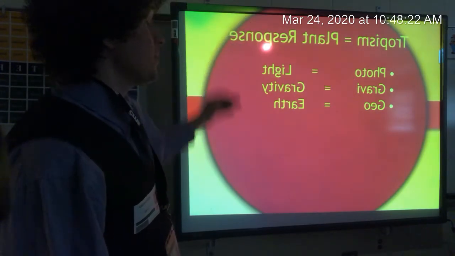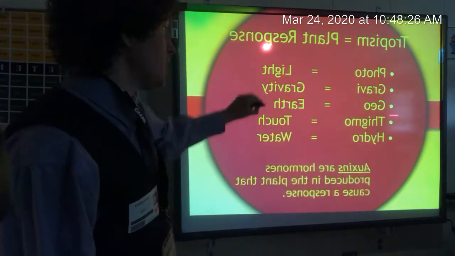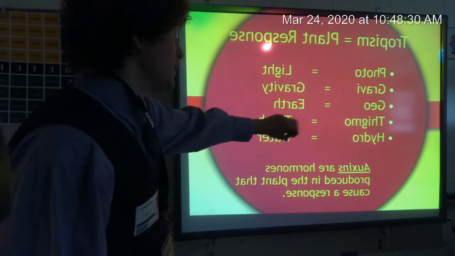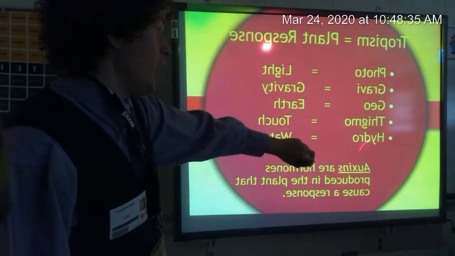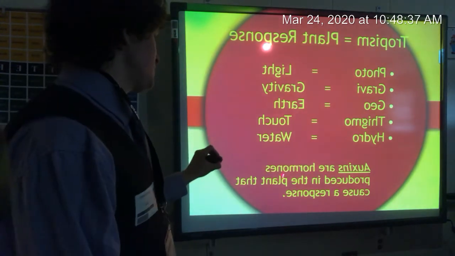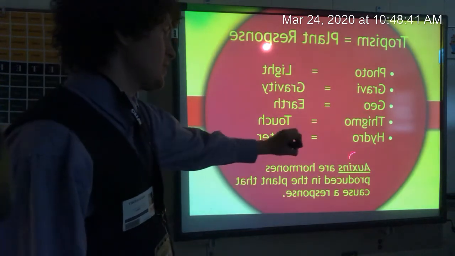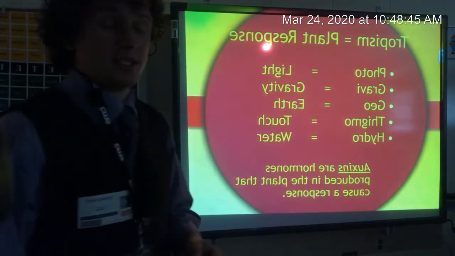Geotropism, that's the plant's response to earth. And the same goes for the other 2, except with touch and water. Thigmo meaning touch, hydro meaning water, and then auxins are hormones produced in the plant that cause a response. Remember, auxins. Those are hormones produced in the plant that cause a response.